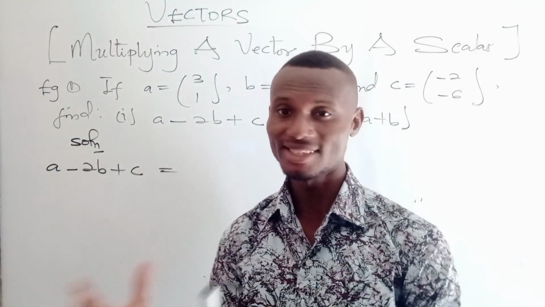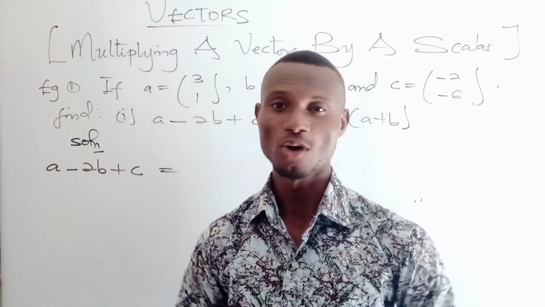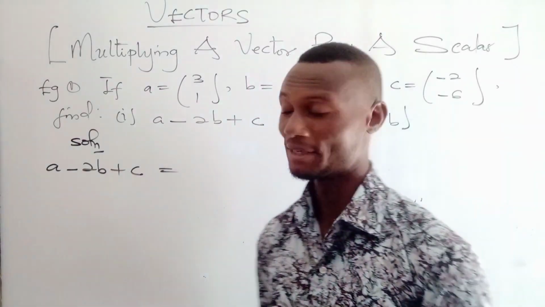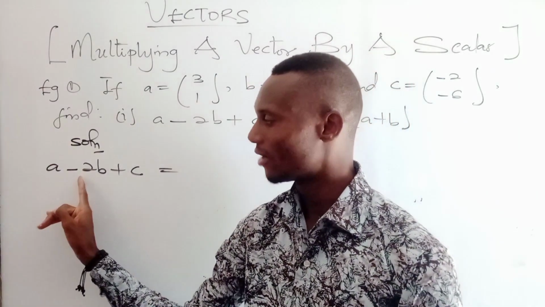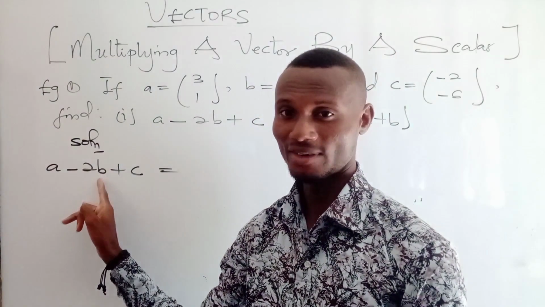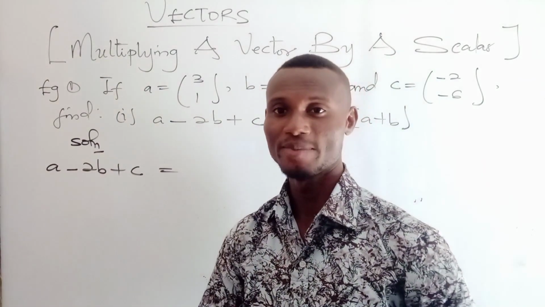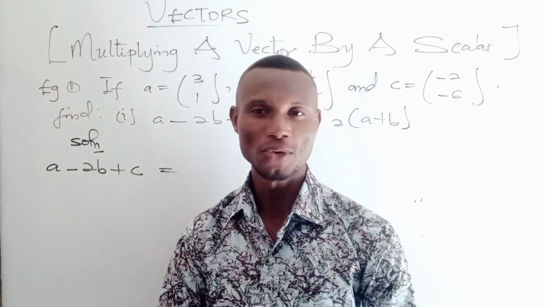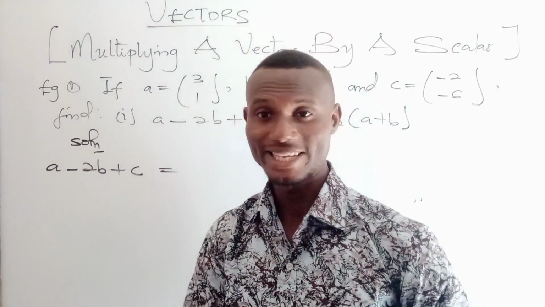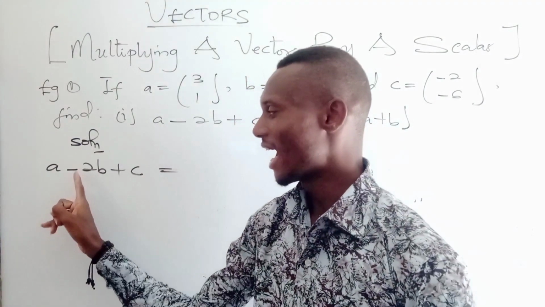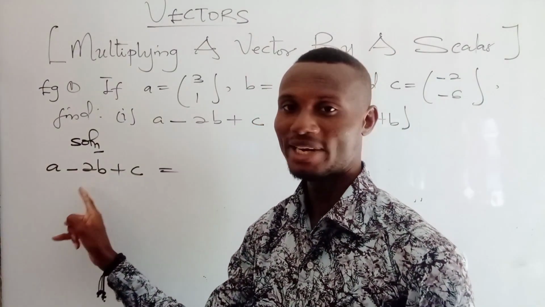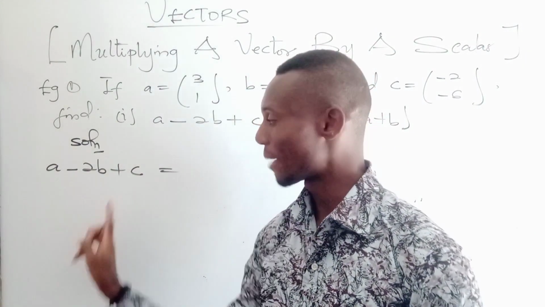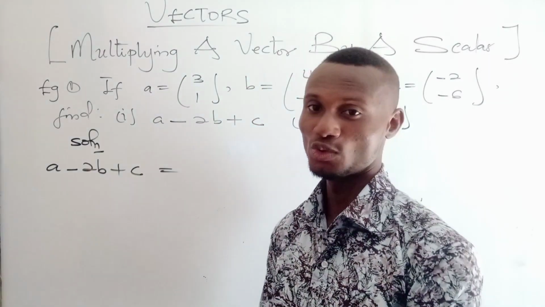And wherever you see c, you put the value of c there. As simple as that. You can see that in this question, we have a scalar multiplying the vector b. I have made you aware that a scalar is any variable or number multiplying a vector. So I have minus 2b here, meaning that the minus 2 is a scalar multiplying the vector b. So we are going to do that.